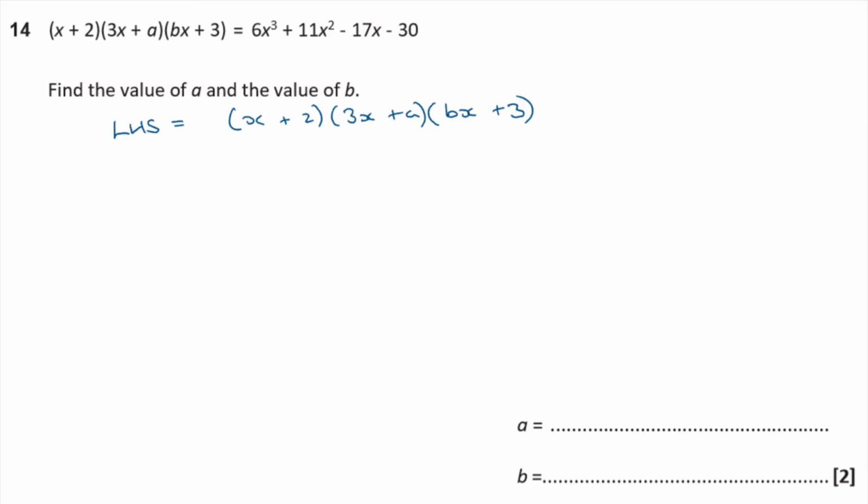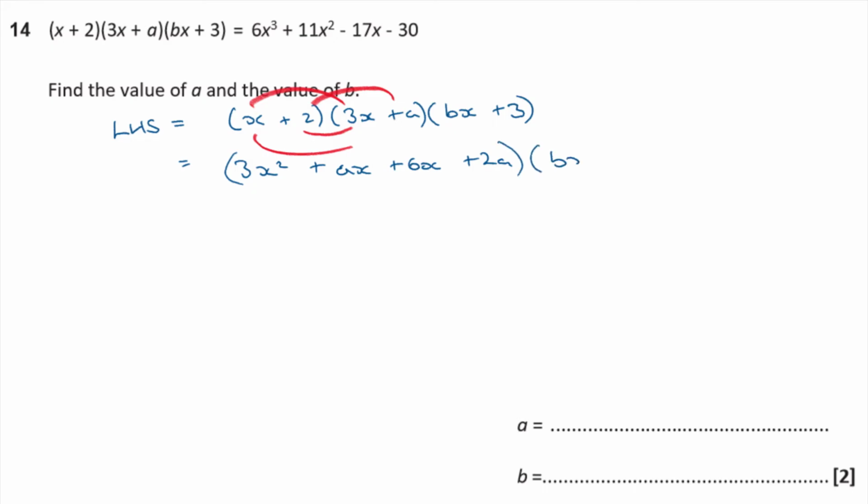I'm just going to ignore the last bracket and do FOIL on the first 2 brackets. So just multiplying that with that, that with that, that with that. So what I get is x times 3x, which is 3x², and then x times a, which is ax, and then 2 times 3x, which is 6x, and then 2 times a, which is 2a. Okay, so that's what I get when I multiply out those 2 brackets.